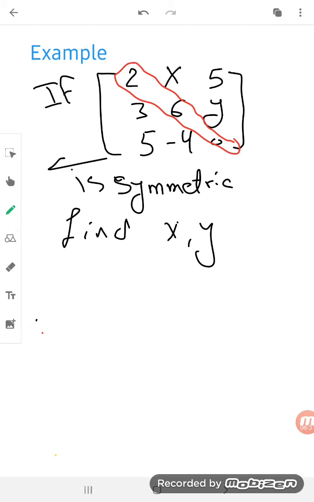So x equal 3, we can write x equal 3, and y equals -4. Okay, we can find x and y by finding its transpose and equating the original matrix and its transpose. Okay, now we have finished this video.